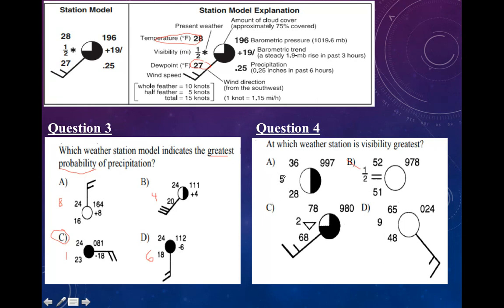Let's compare the visibility now, A to C. C is only 2 miles, A is 5 miles, so far A is winning. And then D actually has a 9-mile visibility. That would be the greatest visibility because it's greater than 5.